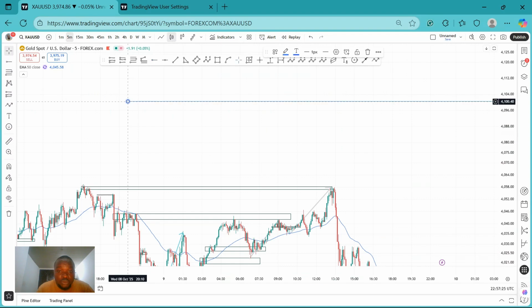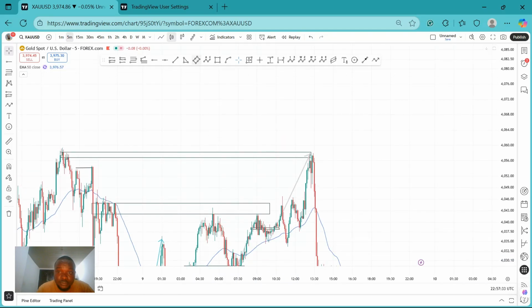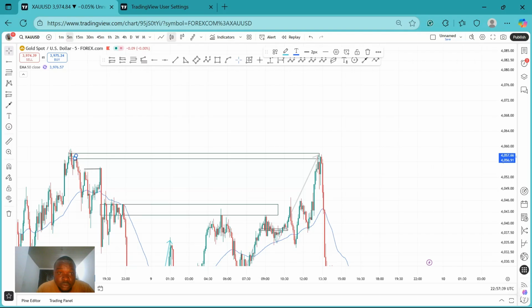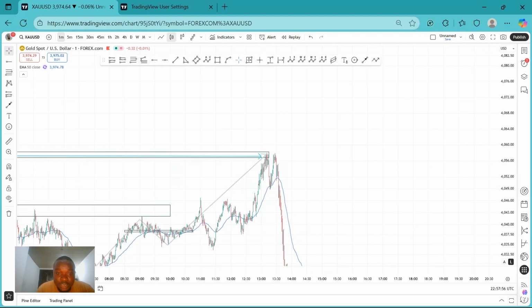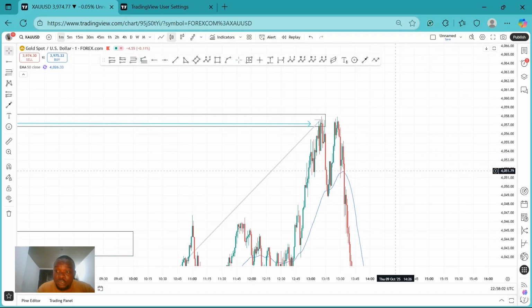But what happened was that after the price retested this zone around this side, when you come to a lower time frame like 1 minute, you realize that it actually did a double top. It actually did a double top, and this was a confirmation.